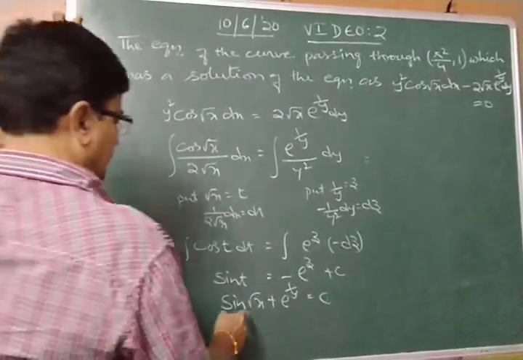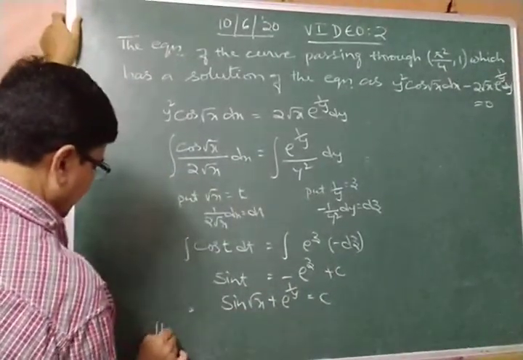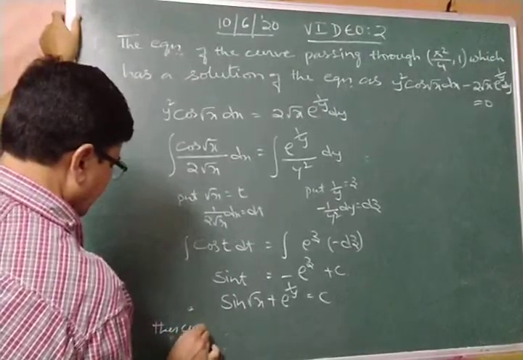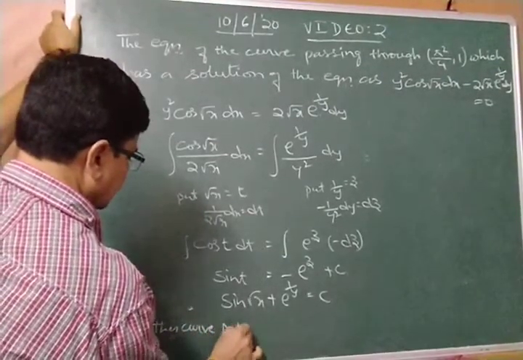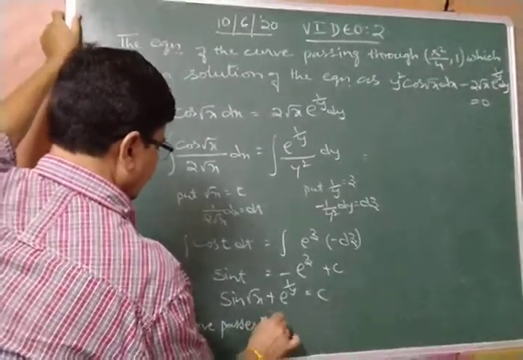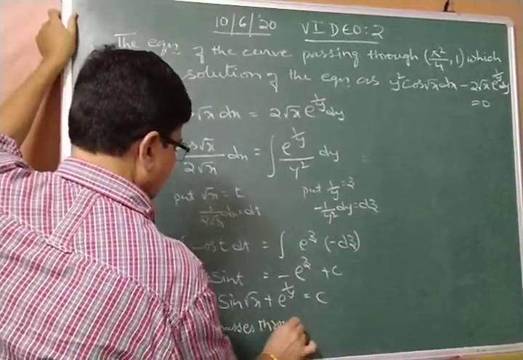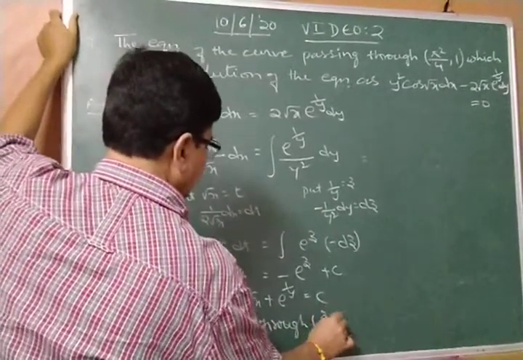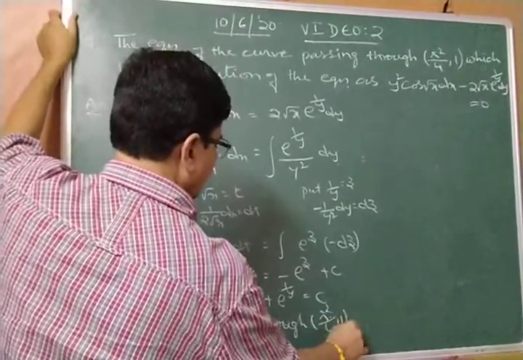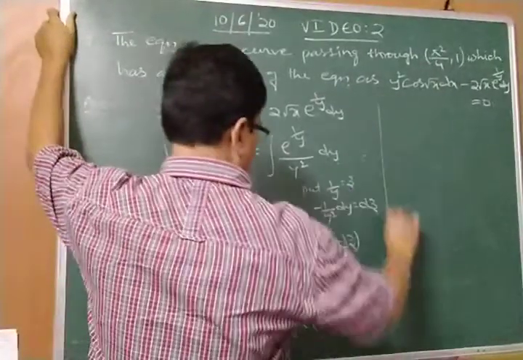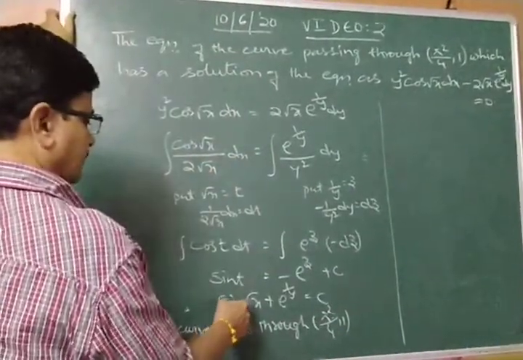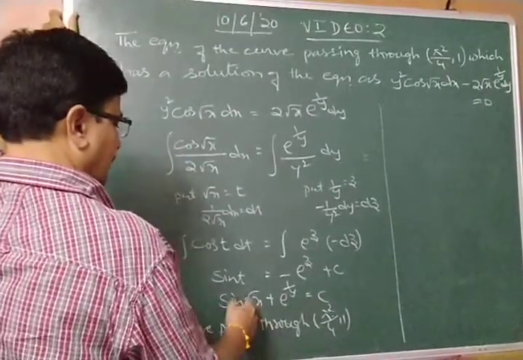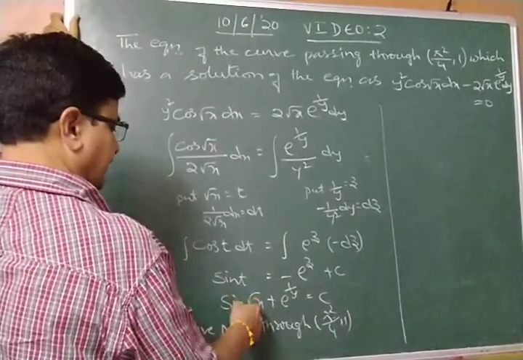If this curve passes through (pi square by 4, 1), now sin of root x, where x is pi square by 4, root of pi square by 4 means pi by 2.